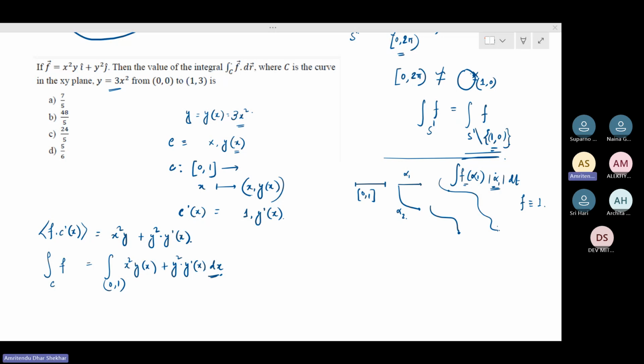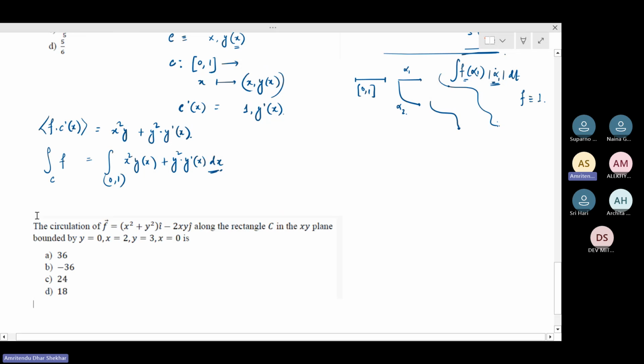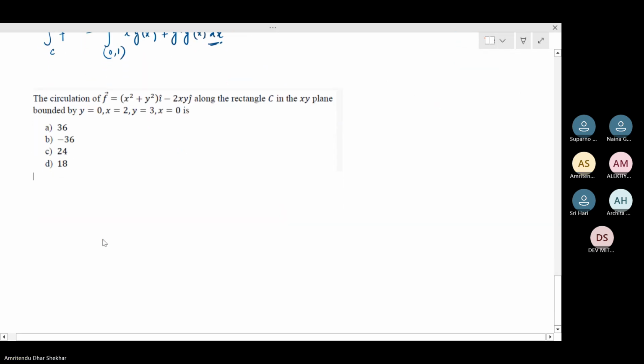Okay, so I hope this is clear. This is a good example. Again, the problems here are fairly basic, but they kind of show you how to solve certain parts.